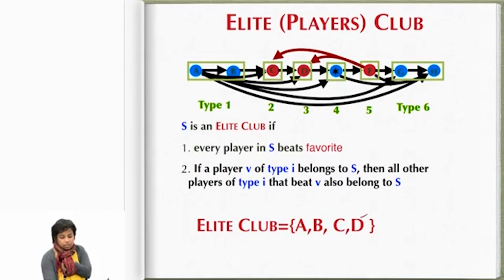They are individually of type 2 and type 3. You can always pick them to be part of your elite club. But if I pick B, then A must also be part of the club, or else you cannot call it an elite club. Okay, so basically A, B, C, D, these are the members of this elite club.